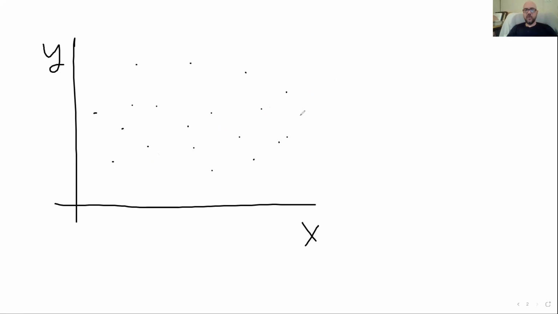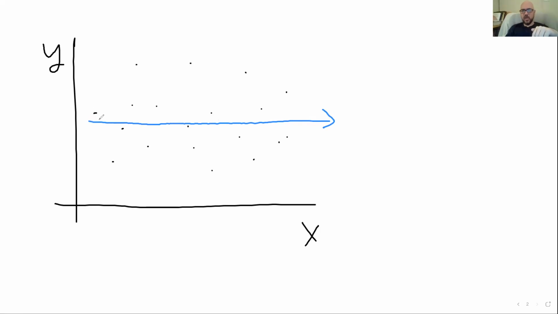Wherever you're traveling left to right, you get approximately the same Y's. Maybe there's a very slight downward trend here. So what that means is the regression line will come out something like this. When X and Y are uncorrelated like this, what you get is the same prediction for Y for every value of X, right?